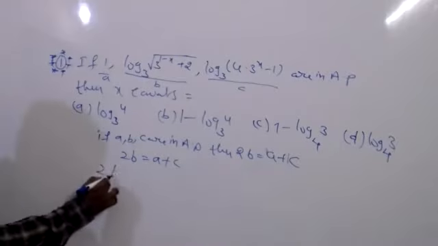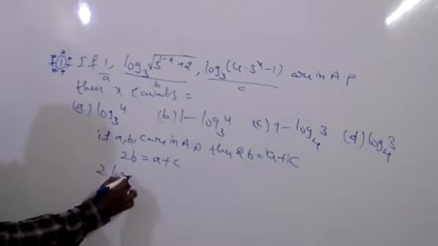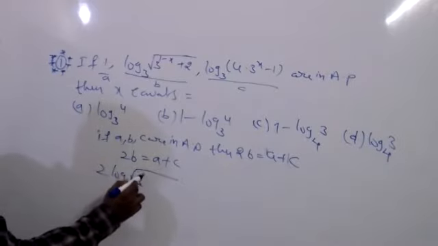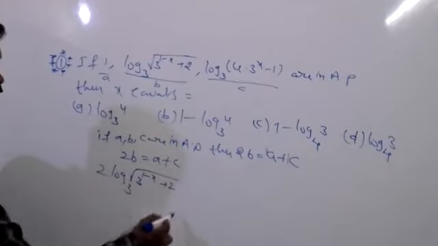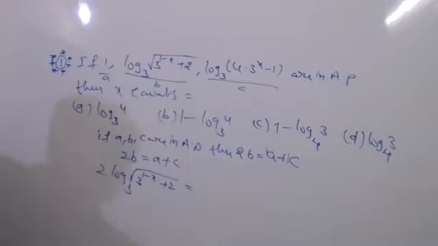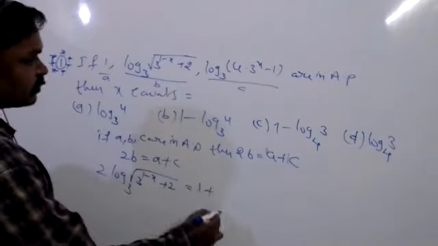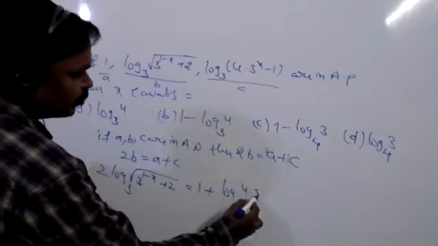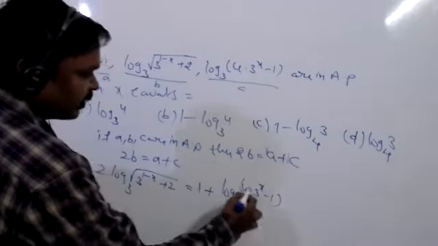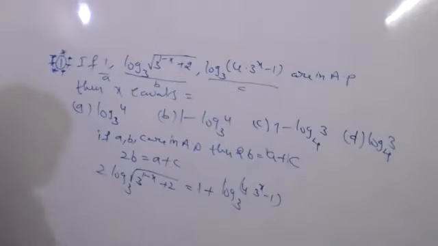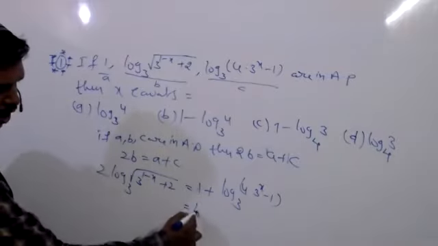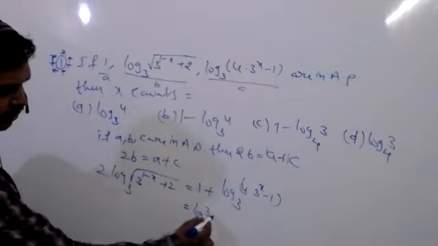See, 2 log base 3 square root 3 power 1 minus x plus 2 is equal to 1 plus log base 3 power 4 into 3 power x minus 1, right, Nagbhushan? Here 1 we can write as log base 3 power 3, right?